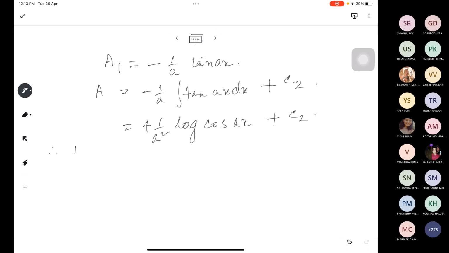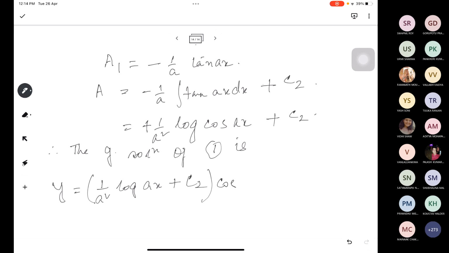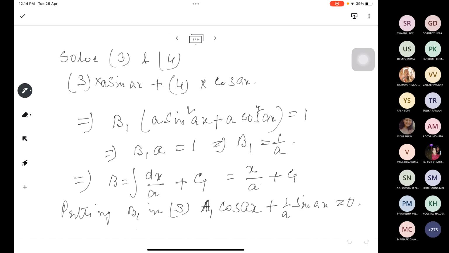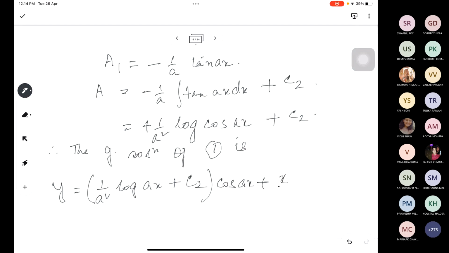So therefore, the general solution of equation 1 is A u plus B v, with x by a sin ax. So this is the general solution.